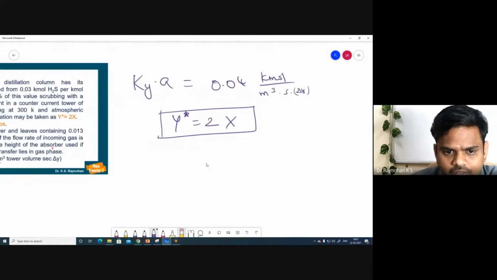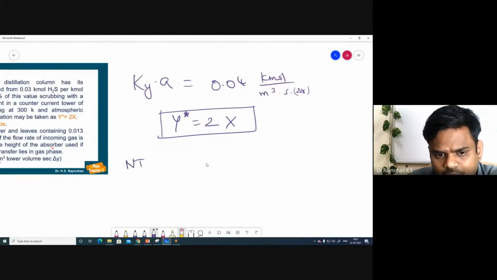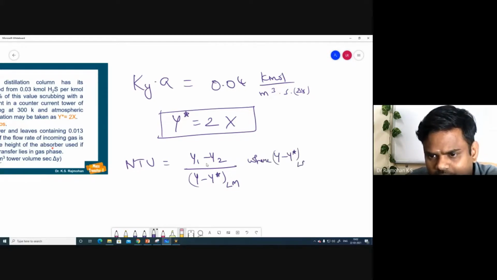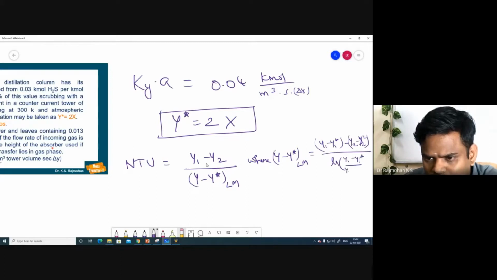So what is NTU in terms of mole ratio? It is again simple: (Y1 minus Y2) by (Y minus Y star) logarithmic mean, where (Y minus Y star) logarithmic mean is equal to (Y1 minus Y1 star minus Y2 minus Y2 star) divided by ln of (Y1 minus Y1 star) by (Y2 minus Y2 star).